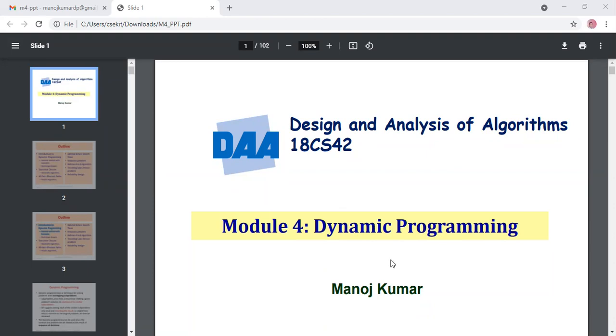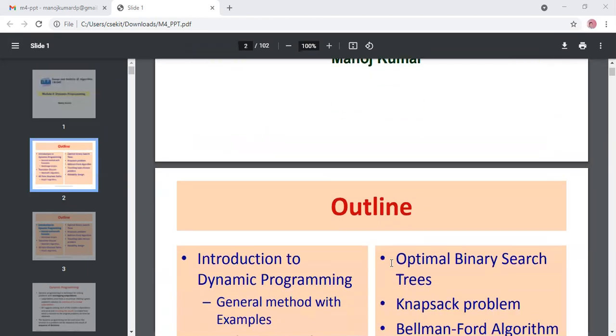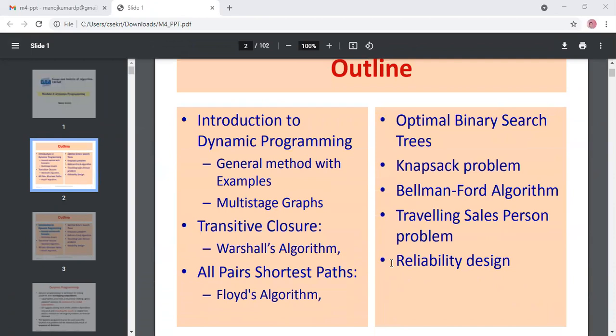Now we shall come to the outline of dynamic programming. Inside that we have the introduction to dynamic programming, the general method with examples, and multi-stage graphs.